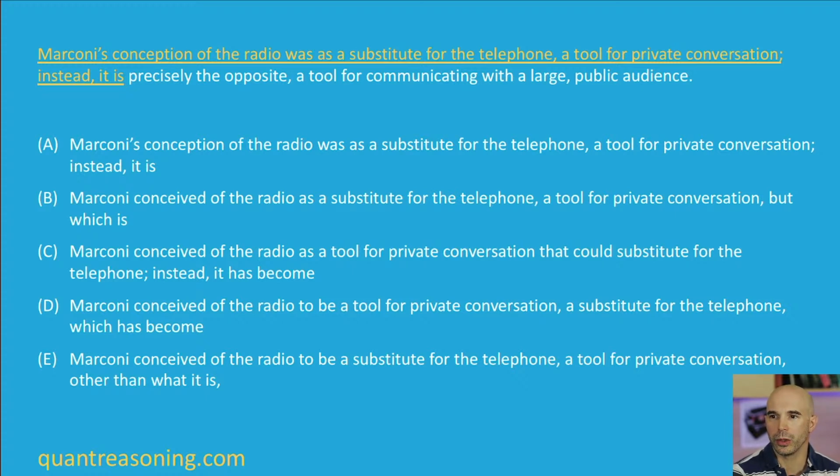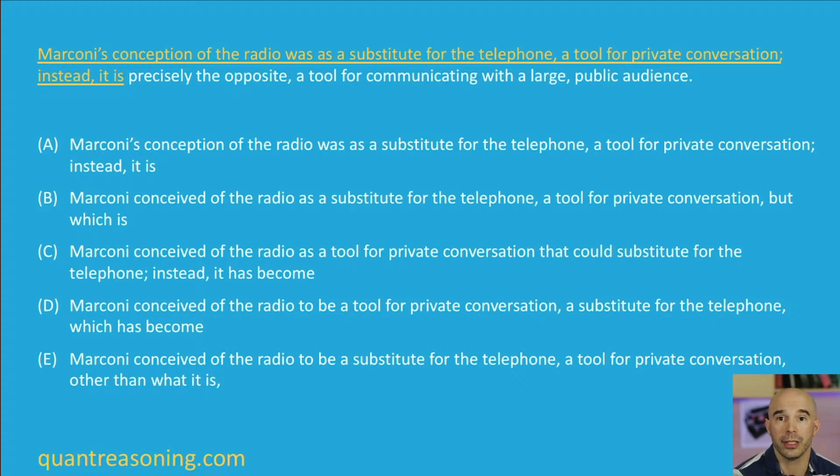So if we look at the words "precisely the opposite," those are the first words in the non-underlined text, right? So something is precisely the opposite. Answer choice D doesn't have any structural language to match something that is precisely the opposite. The other answer choices all do have something, right?